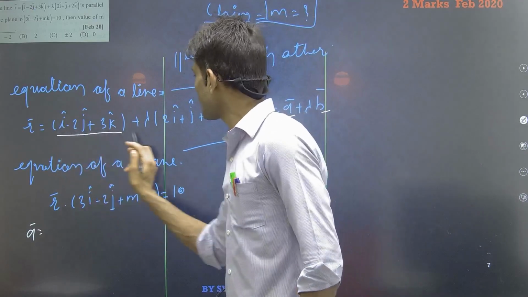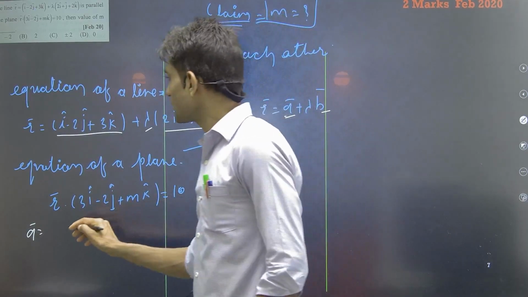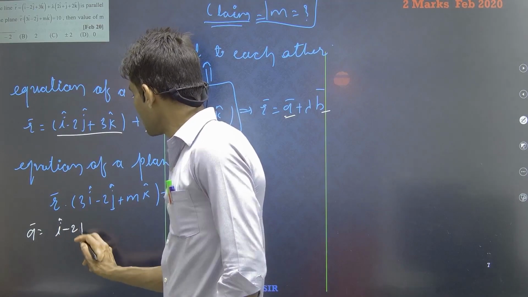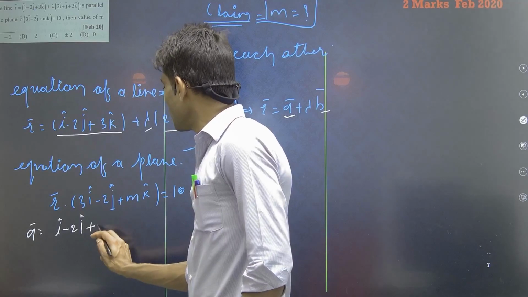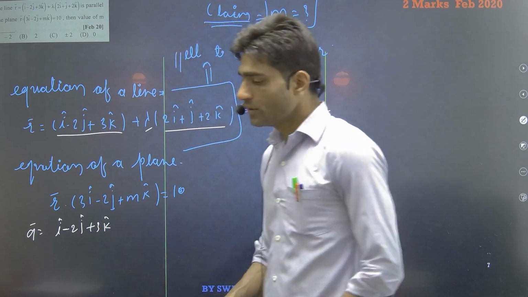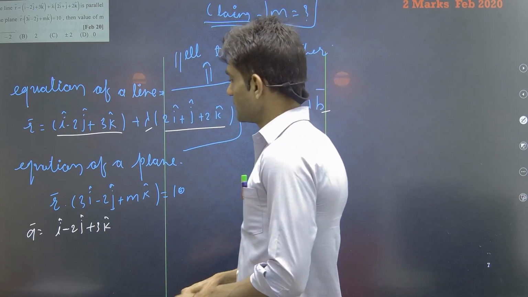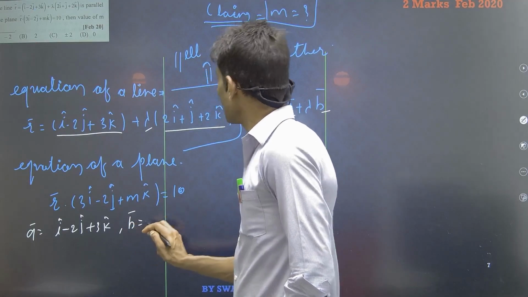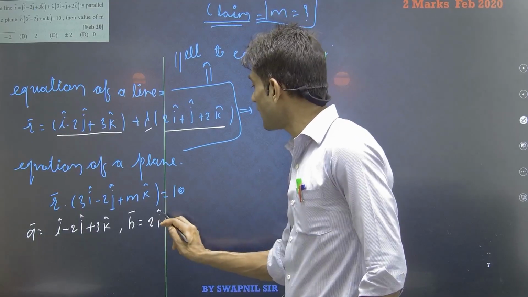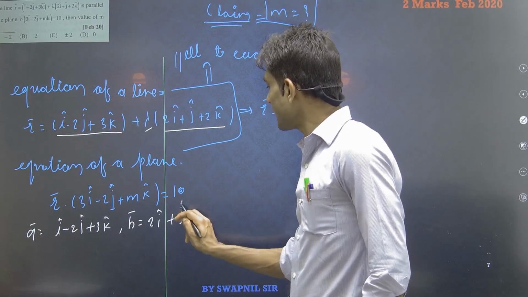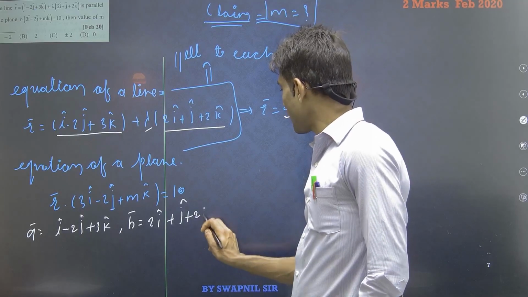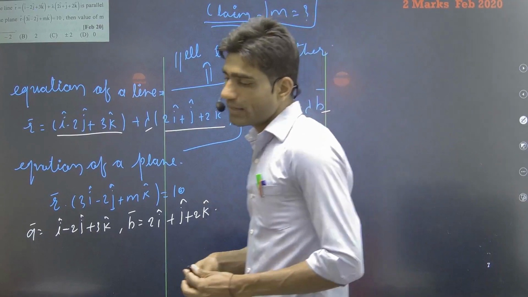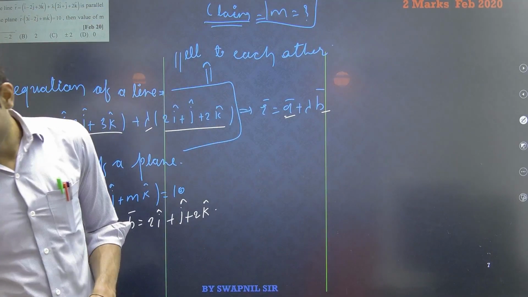So a bar can be written as i cap minus 2 times j cap plus 3 times k cap. Similarly, b bar, lambda times b bar here, can be written as 2 times i cap plus j cap plus 2 times k cap. These are the values for a bar and b bar I found using the equation of the line, a bar plus lambda times b bar.